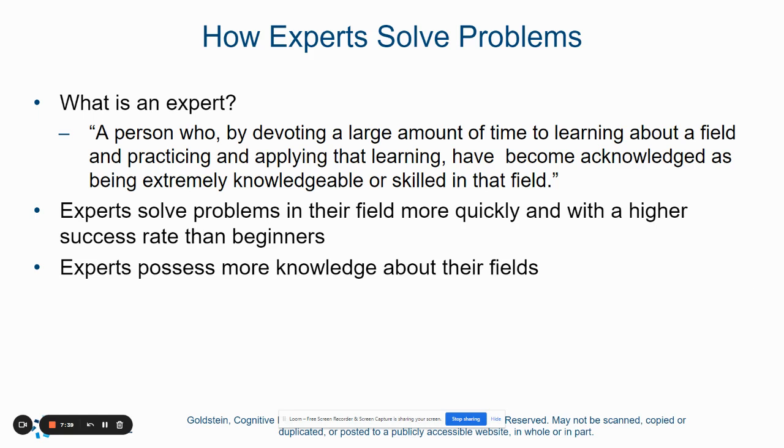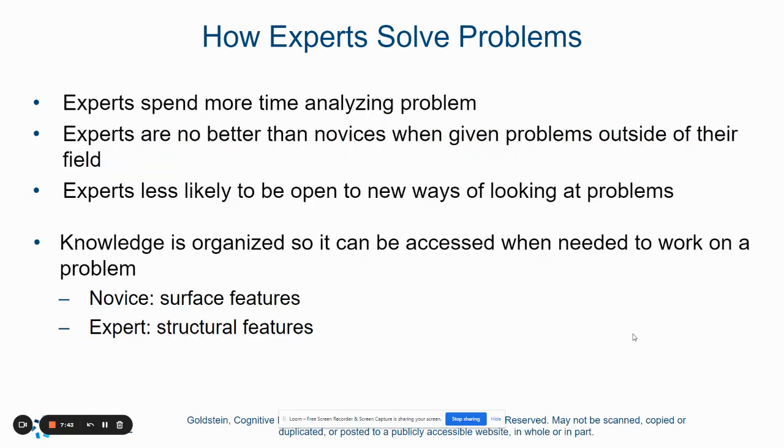They have more knowledge about the field, therefore, they have more ways that they can approach a problem. They also spend more time analyzing a problem. It's not that they're better than people who are newer in the field. They just spend more time on it and they've had more experience with it. They're also less likely to be open to new ways of looking at problems because they've probably already gone through trial and error.